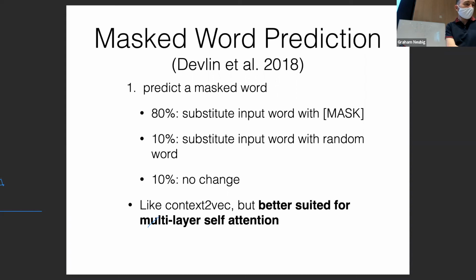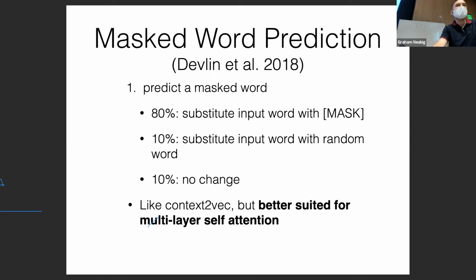Was there a criteria to choose 15% of the words from the corpus for masked word prediction, or are they chosen at random? They're chosen completely at random. There is some work on language model pre-training that prioritizes certain words, like prioritizes entities, for example.